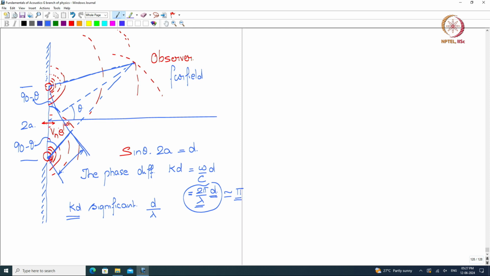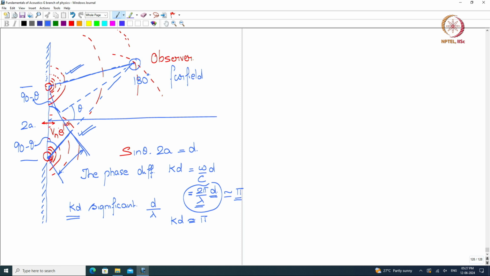So if that happens, what happens to kd? kd is approximately pi. That means the phase difference over here is 180 degrees. When the peak from here arrives, the trough from here arrives.